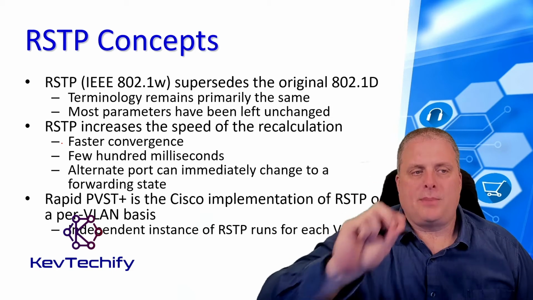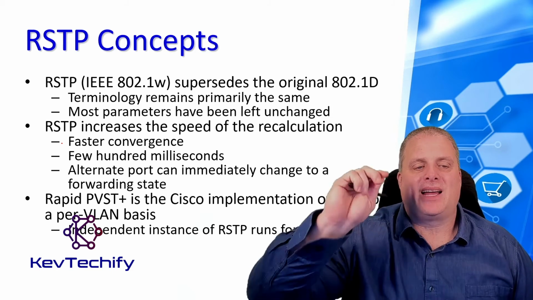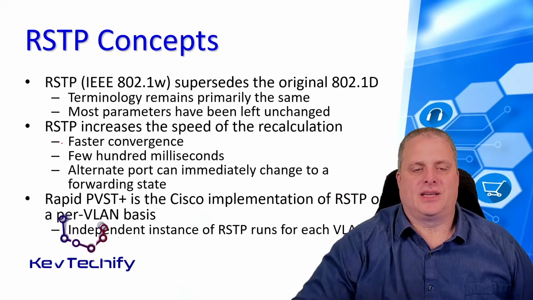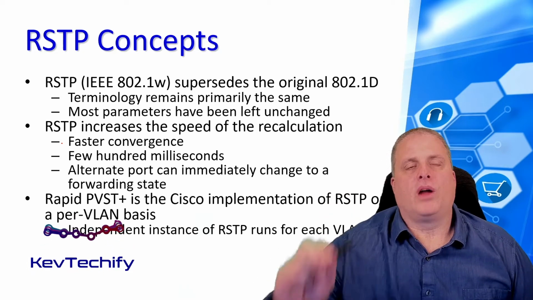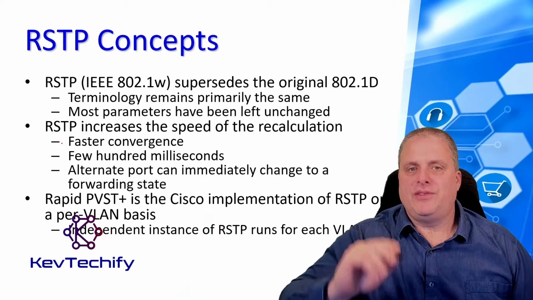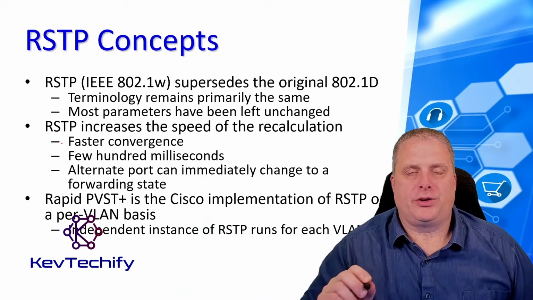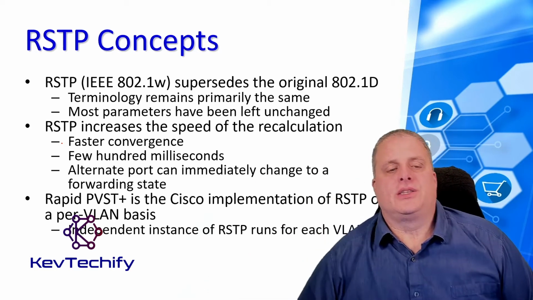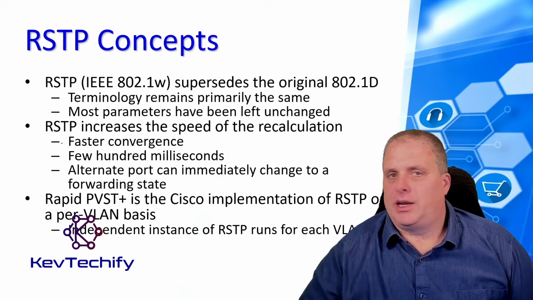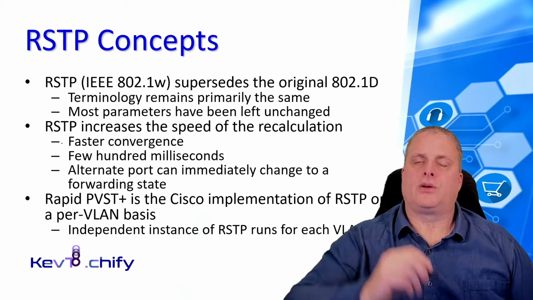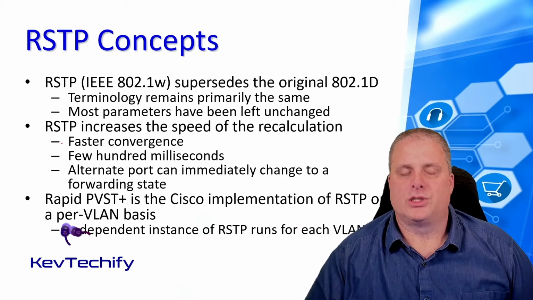It's basically rapid spanning tree, but on a per VLAN basis. Independent instances of rapid spanning tree run for each VLAN. So for every VLAN you want this rapid spanning tree to have, you need to run another instance of RSTP. Every time you run another instance, it takes more processing power and more RAM. It could slow down your router some.